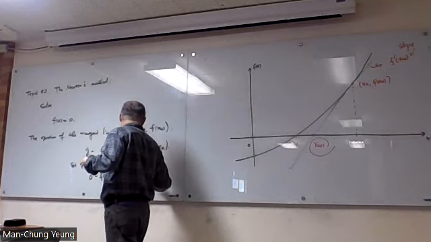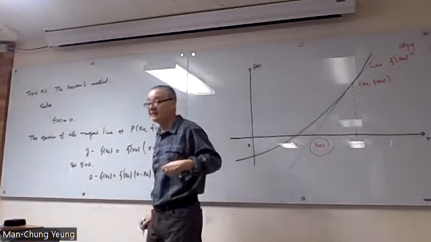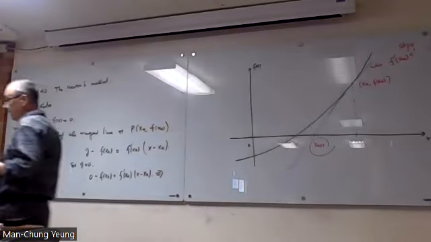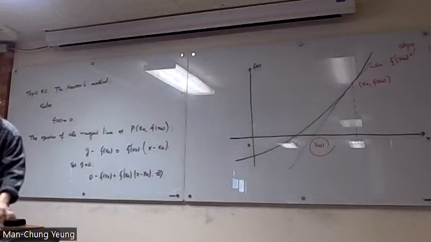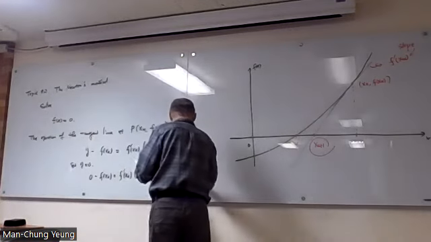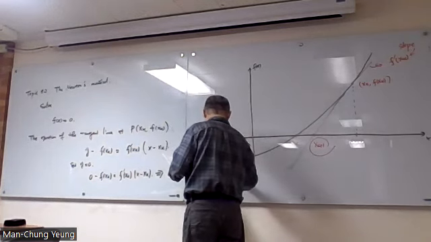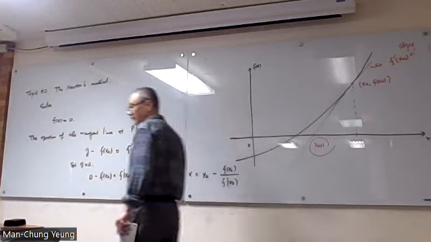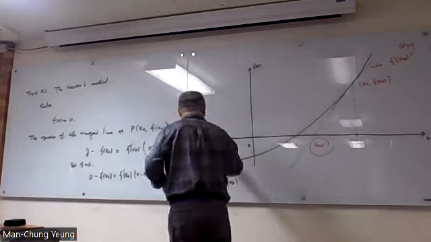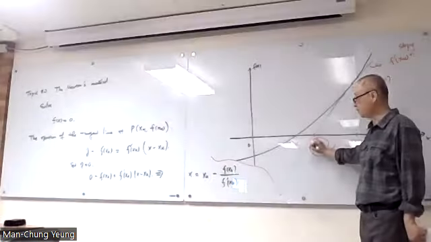Now solve this for x. x is the point where the tangent line crosses the x-axis. Now the solution is this. So the x coordinate of this point is this.